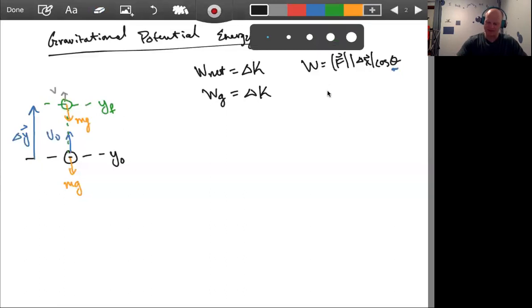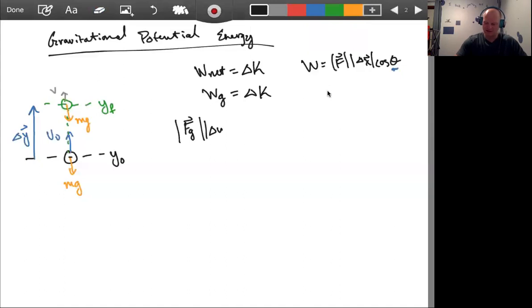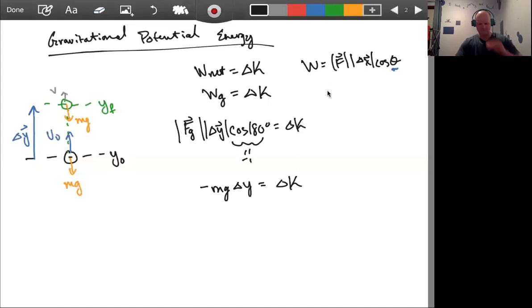So I'm going to have that my gravitational force times my displacement delta y times cosine of 180 degrees is equal to my change in kinetic energy. Now, from here, we know cosine of 180 degrees is equal to -1. So this is going to be equal to negative mg, since that's the gravitational force, times my displacement, is equal to my change in kinetic energy.